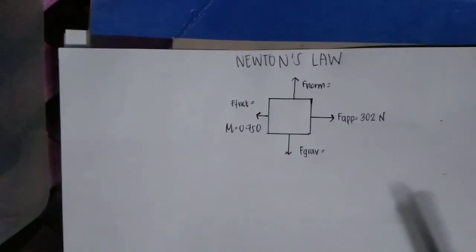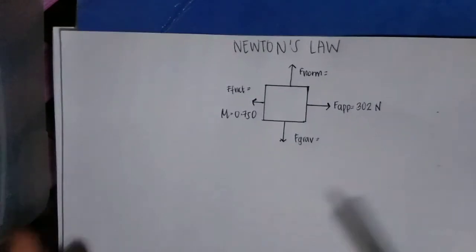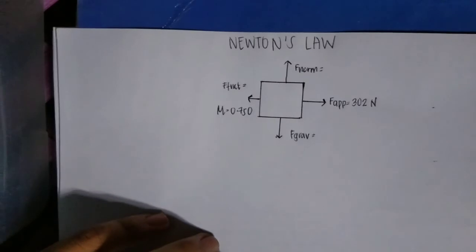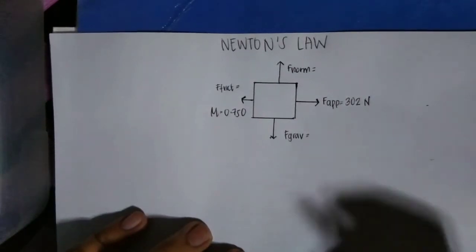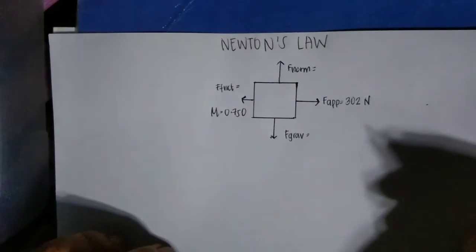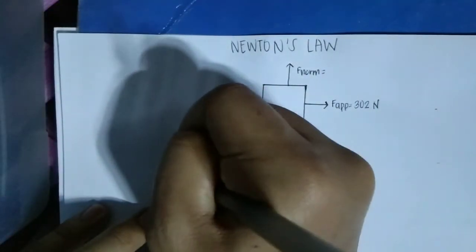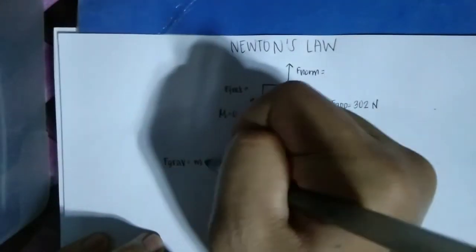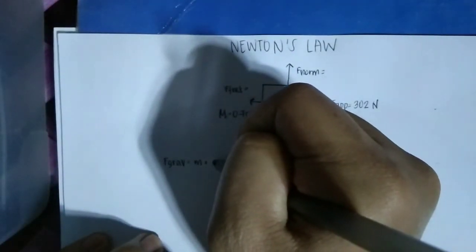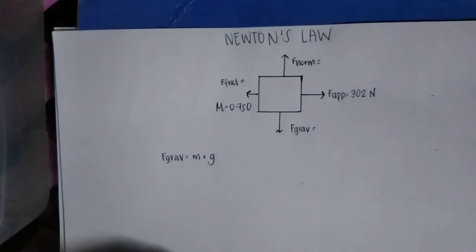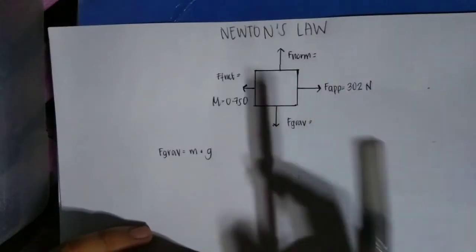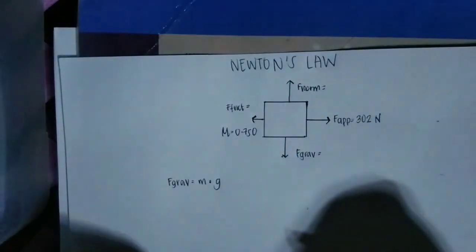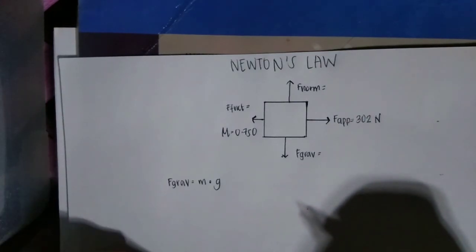After that, we will solve for the unknowns. So first, we will solve for the F grav. The formula for the F grav is F grav is equal to mass times the gravity. So let's substitute. I forgot to write the knowns.